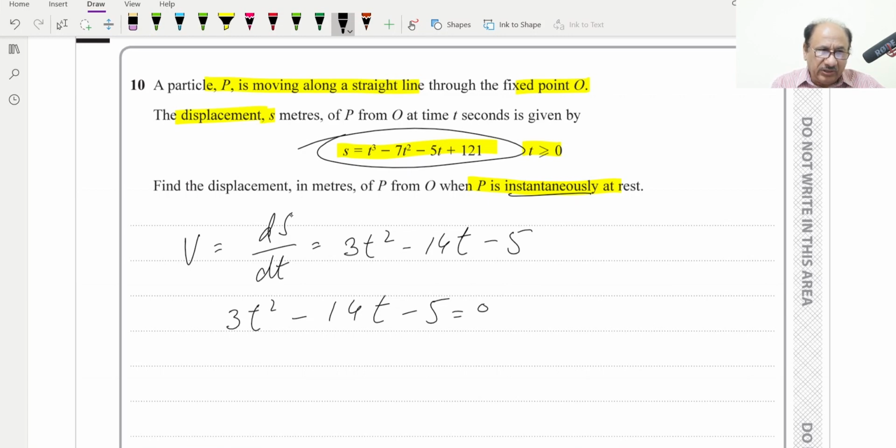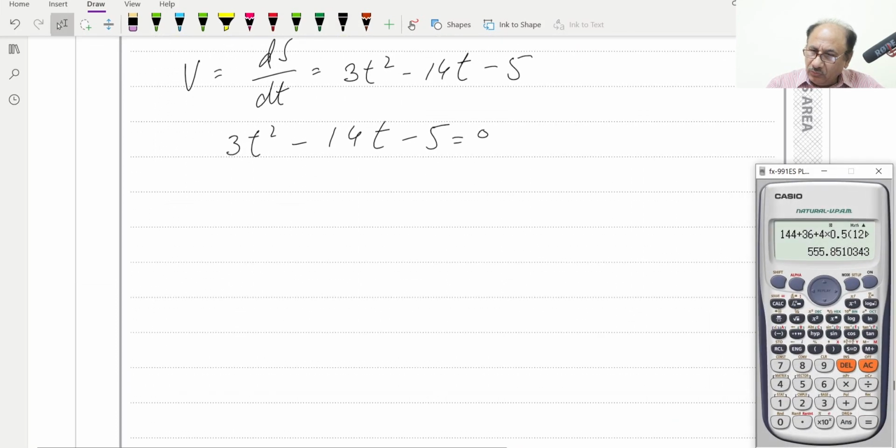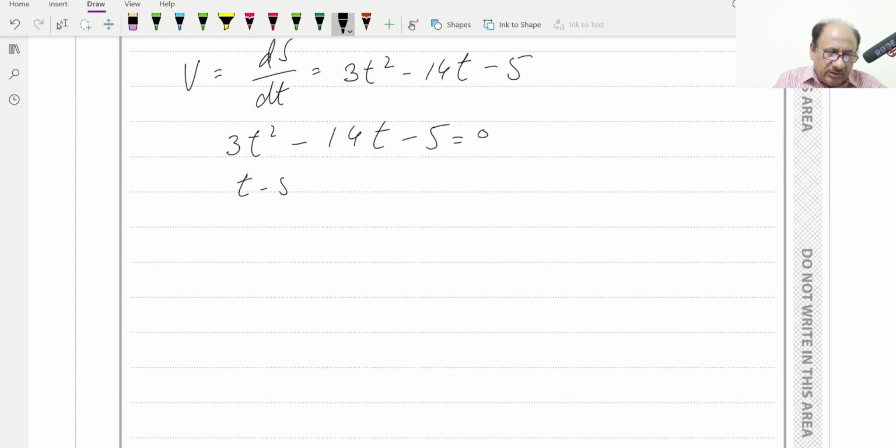So now we can solve this quadratic equation, and we can use mode 5 3. The coefficient of t squared is 3, then minus 14, the coefficient of t, and the constant will be minus 5, and this will give 5 and minus 1 by 3. So our equation will be t minus 5, and the other one will be 3t plus 1, equal to 0.